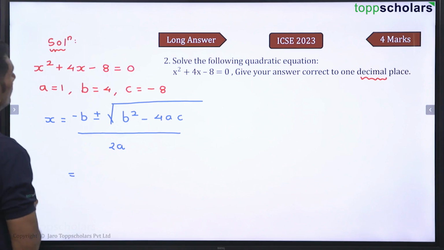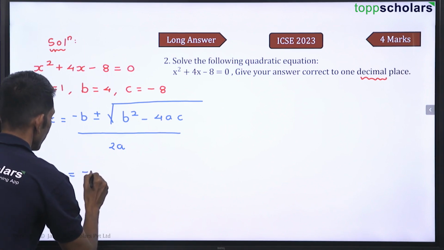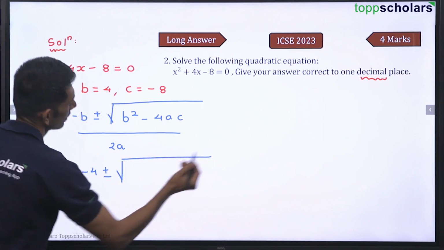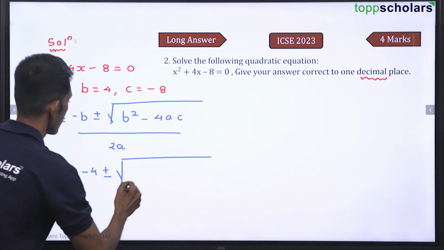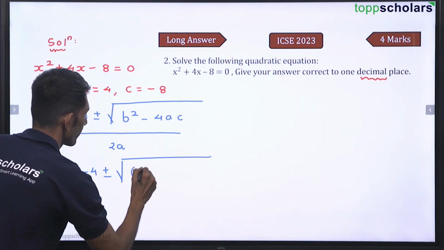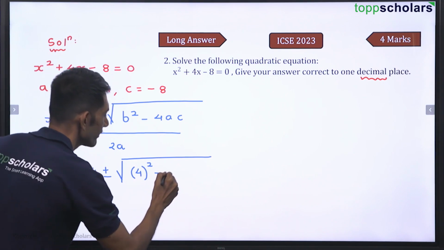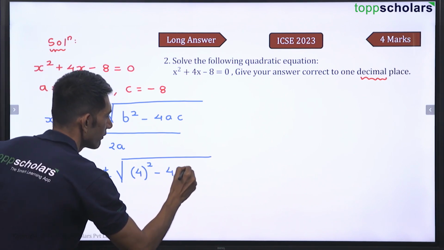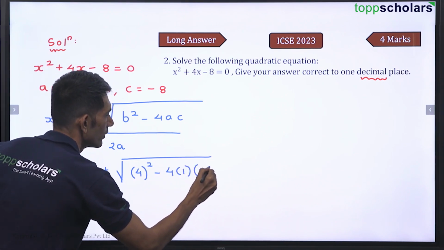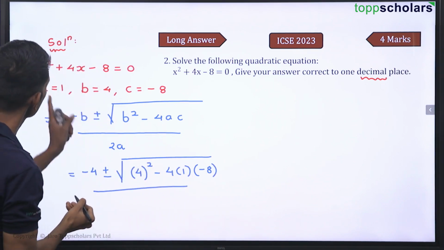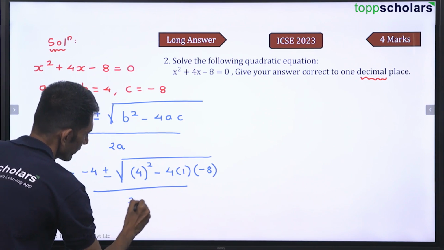So that is equal to minus b, that is minus 4 plus or minus under root b square, that is 4 square minus 4 into 1 into minus 8, the whole divided by 2a, that is 2 into 1 is 2.